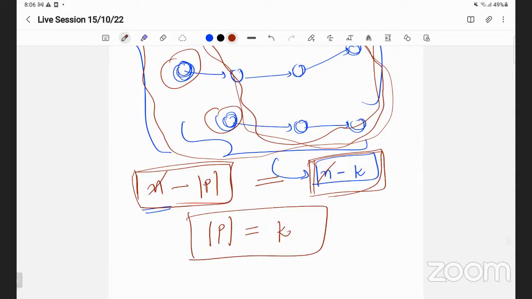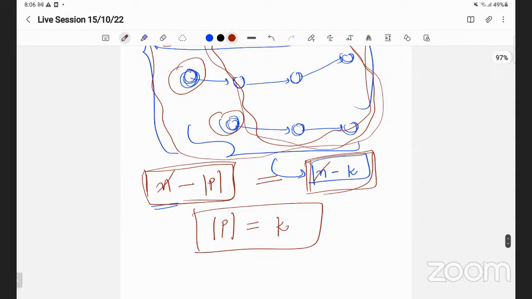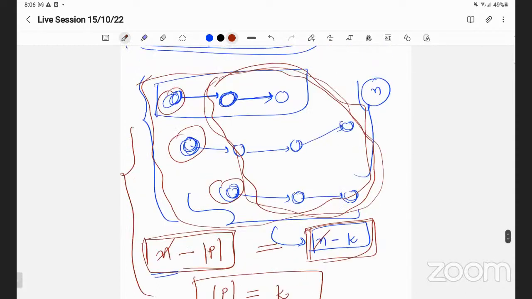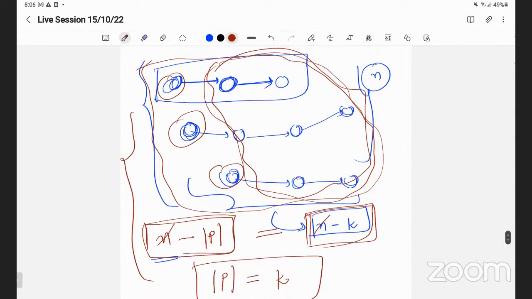The last part, the total number of paths, is not trivial. So you need to think about it for some time, how I came up with this argument. Basically, I know that the total number of edges in this graph is n minus k, because the size of the maximum matching is n minus k. Now I also want to represent the total number of edges in terms of the total number of disjoint paths.